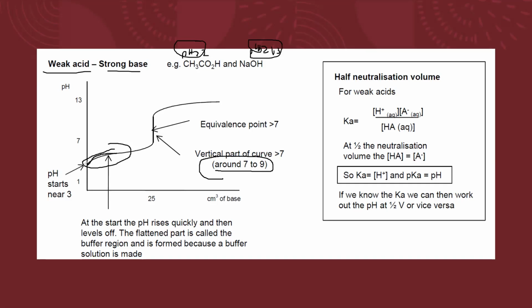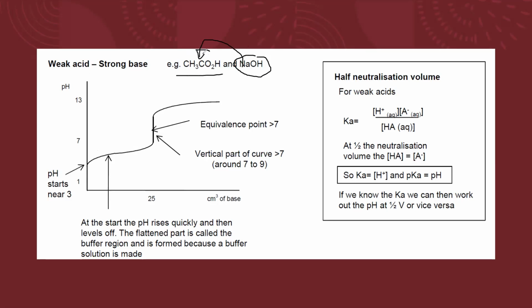That's why the curve is not like this, it's the other way around. The reason is that when you are adding a limited amount of alkali to an excess of acid, you will have a salt and the weak acid. So when you have a weak acid and its salt, it will act like a buffer in this region.